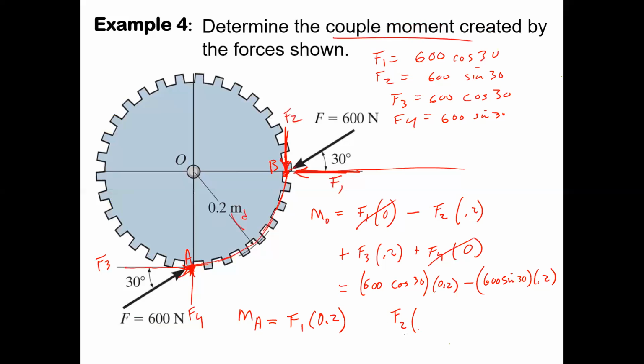Oh, no idea. Okay, good. Remember, we can travel along this force anywhere, but we have to find the closest approach the line of that F2 comes to point A. That's the moment arm. That's this D right here. It's 0.2, right?